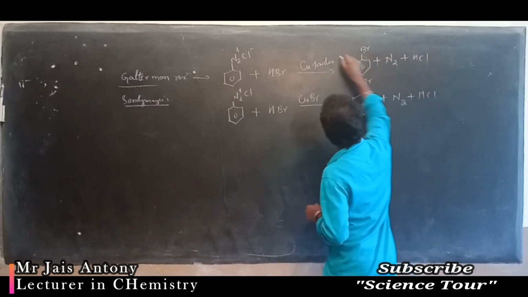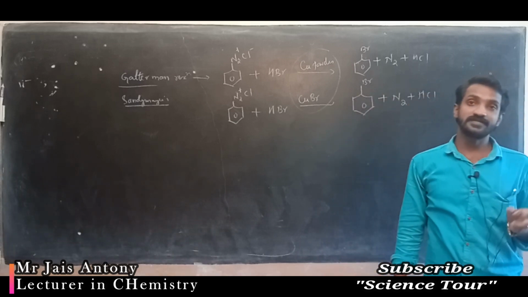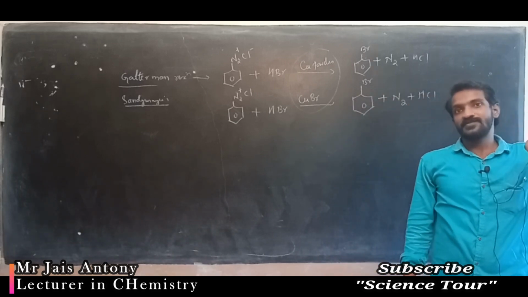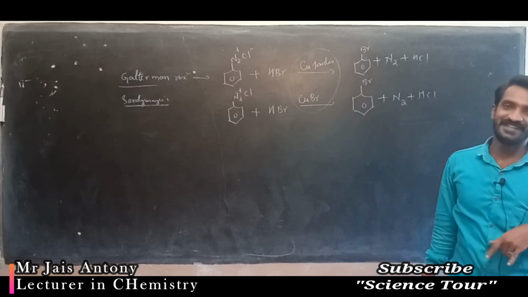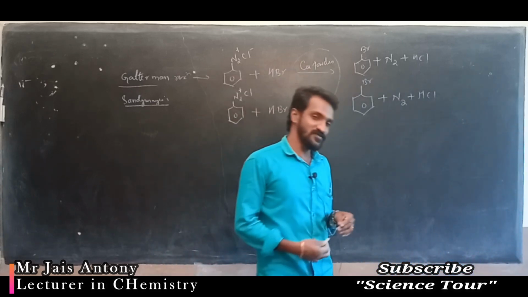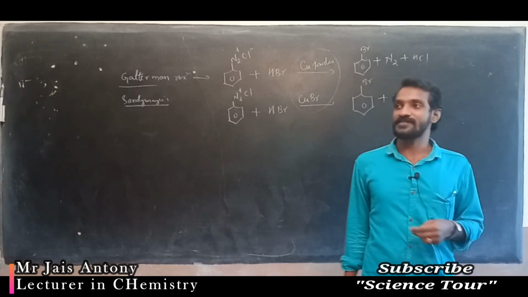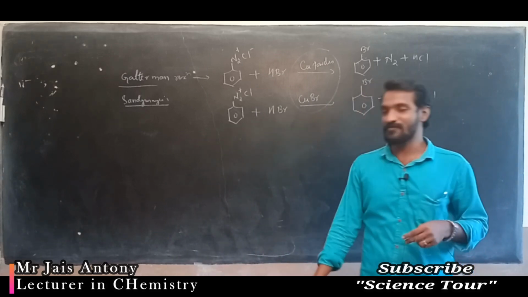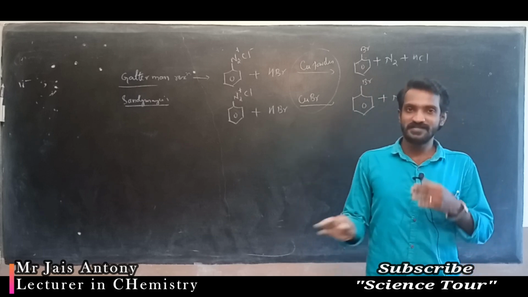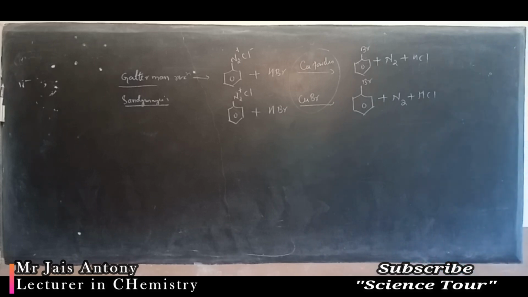Only the difference is this. Remember like this: Gattermann uses powder, remaining is copper bromide, Sandmeyer. This is the relation between these two reactions. Understood? You can remember it easily.